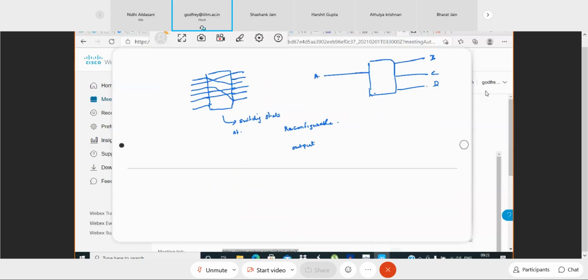So you have an input link, you have this output link. Because you will be able to switch to any of these output links, it becomes a shared resource because of the reconfigurability property of the switching system. So the output link becomes a shared resource.